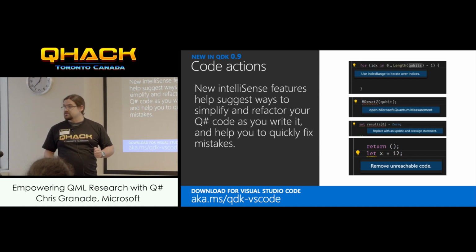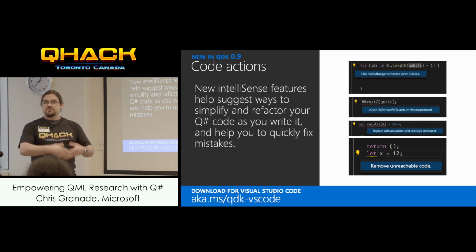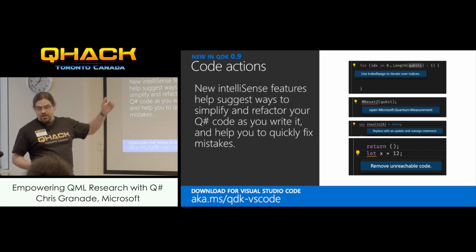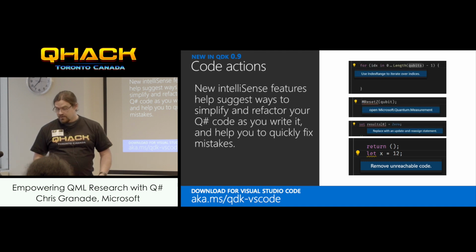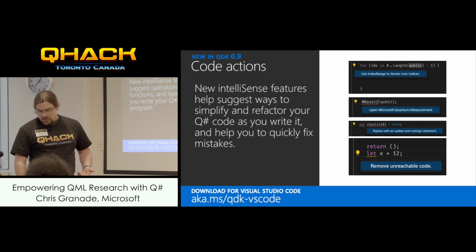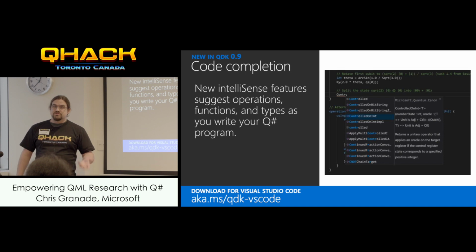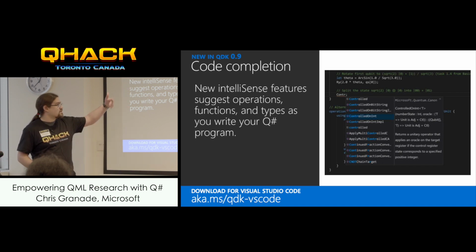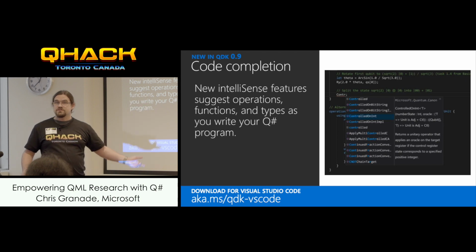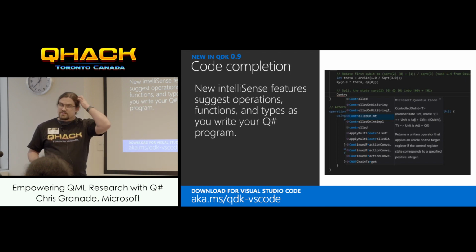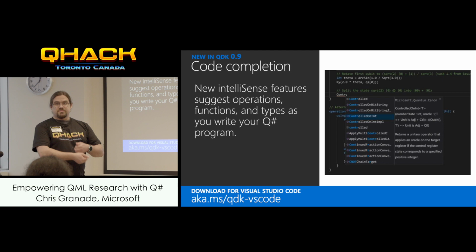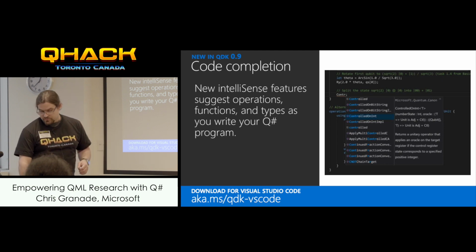Now I'm not stuck on the syntactic stuff when I want to think at that algorithmic level. It helps remind me and get back on track and fix mistakes. Code completion, as you type out a name, will remind you what the rest of the name is and give you a brief summary of what that operation or function does. That's especially handy, with a lot of these being new quantum concepts, to have at your fingertips what's available.